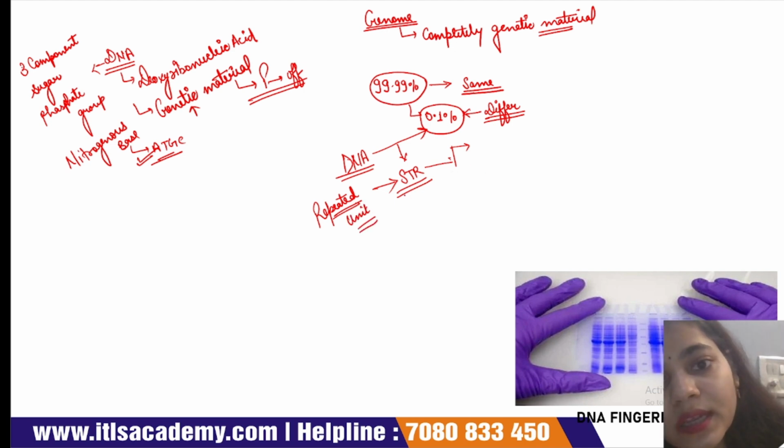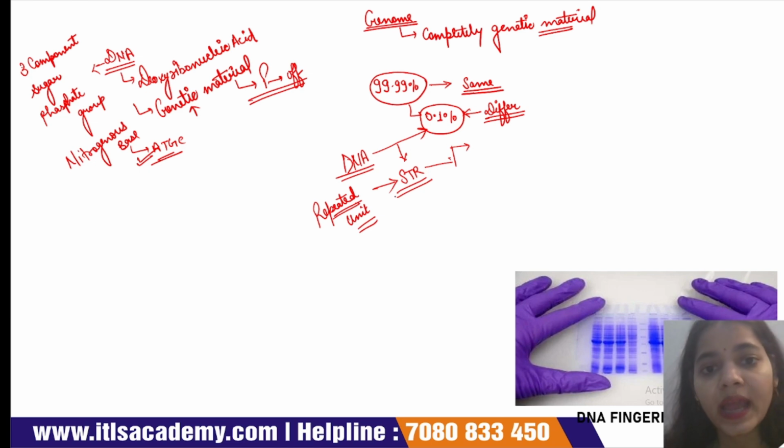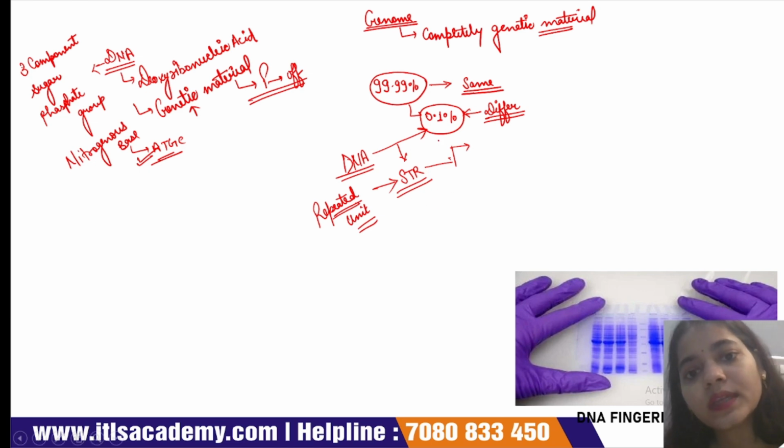STR, short tandem repeats, are also known as satellites. What is a satellite? A satellite is also a repeated unit of nitrogenous bases. These satellites are of two types.